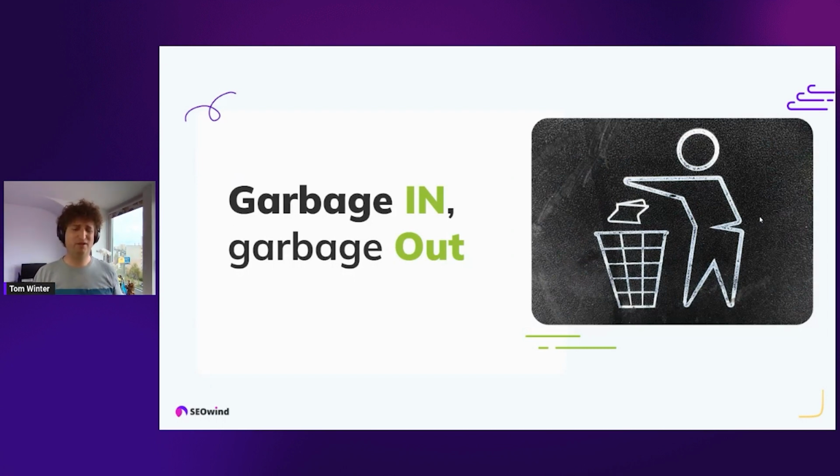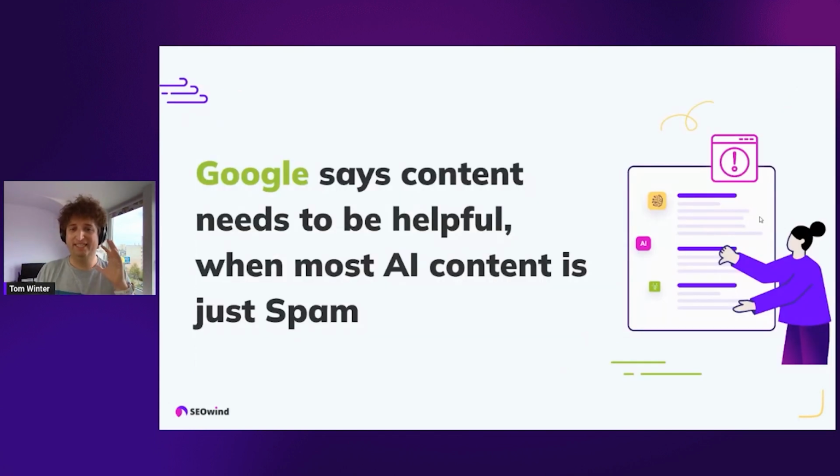This is something that we have to learn from developers. They have known it for the last 10 or 20 years. If you put garbage into something, the only thing you can take out is also garbage. So if you don't give context to ChatGPT, you will get garbage out. And this is all the spam that you're getting.